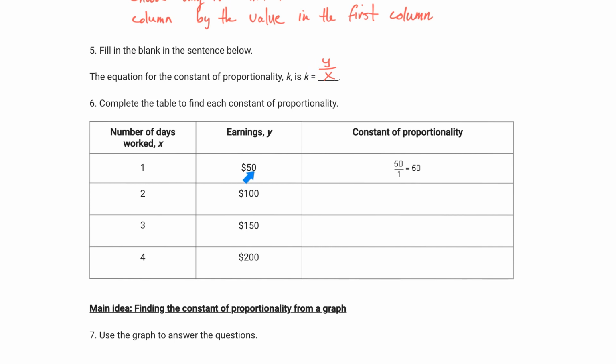So the y value is 50, and the x value is 1. So 50 divided by 1 is 50. And to continue, it would be the y value, 100, over the x value, 2, and that's still 50. So you're getting paid $50 a day no matter what. 150 over 3 is still $50 a day, and 200 over 4 is still $50 a day.